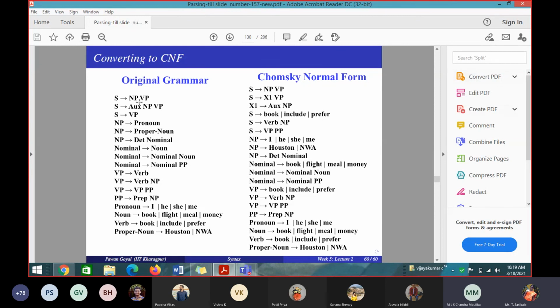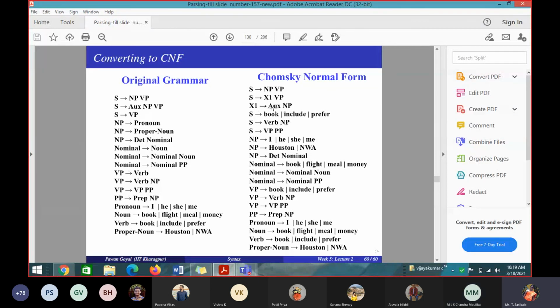Next comes S gives auxiliary NP VP. Is this correct? No. How many should be on the right hand side? Only two, and here I have three. So I am replacing a part by a temporary variable. Any variable can be used, so I am using X1.